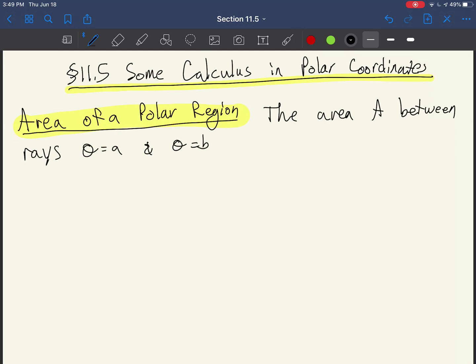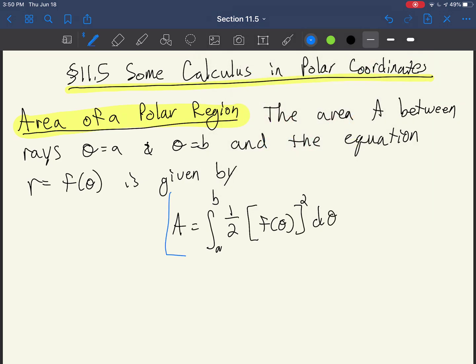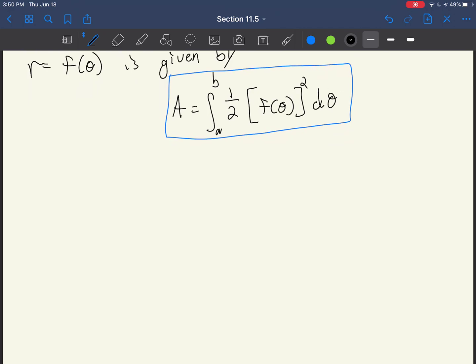The area A between rays theta equals A and theta equals B, and the equation r equals f of theta is given by A equals the integral from A to B of 1/2 f of theta, quantity squared, d theta.